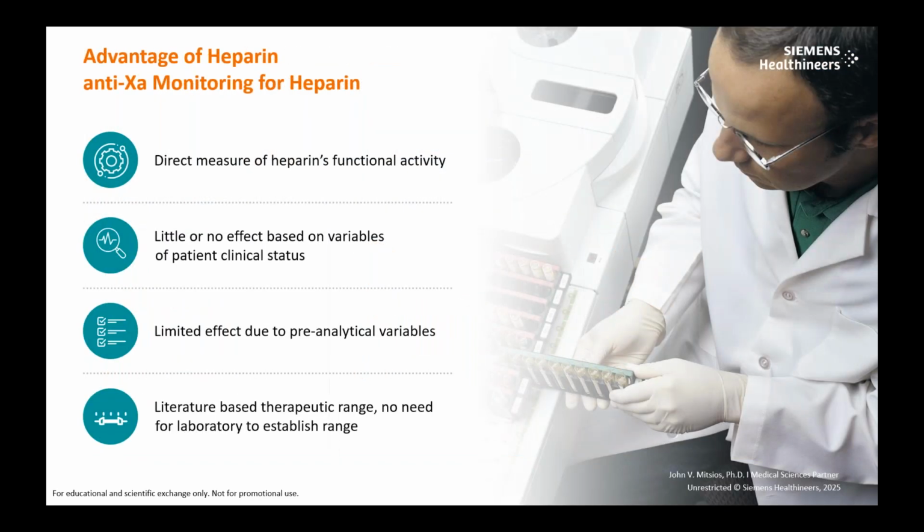So heparin, or the anti-10A specifically, does provide you that functional activity value that you can properly assess. There's limited effect due to pre-analytical variables. The only thing I would really highlight here is that if a heparin level is asked, irrespective of which assay you're using, you want to get that sample centrifuged and processed within about 1 hour of blood draw.